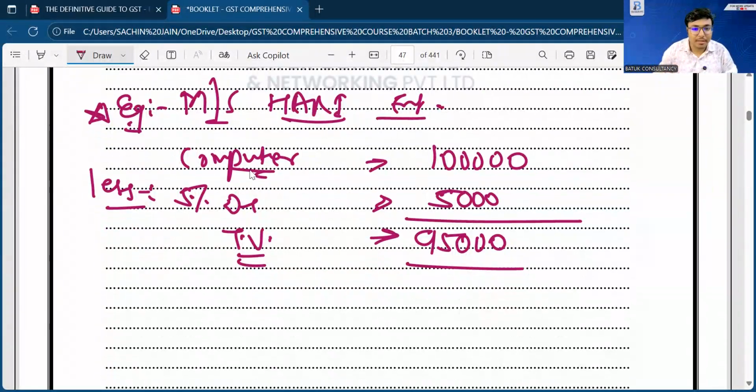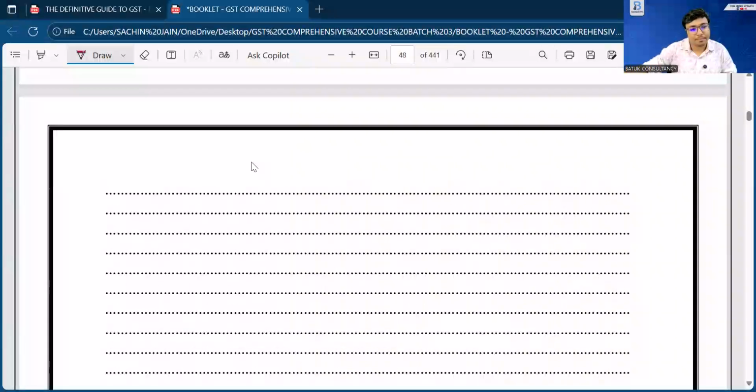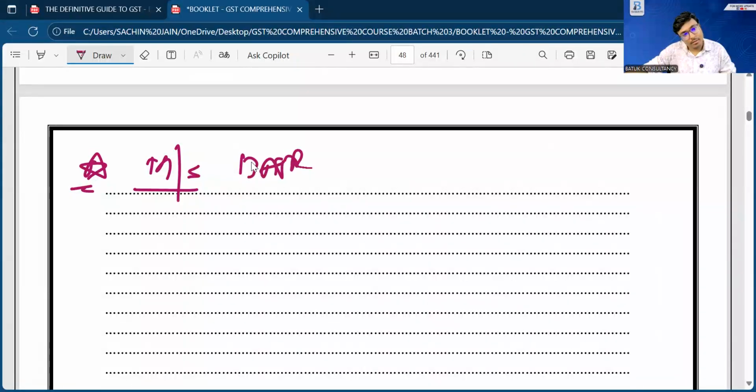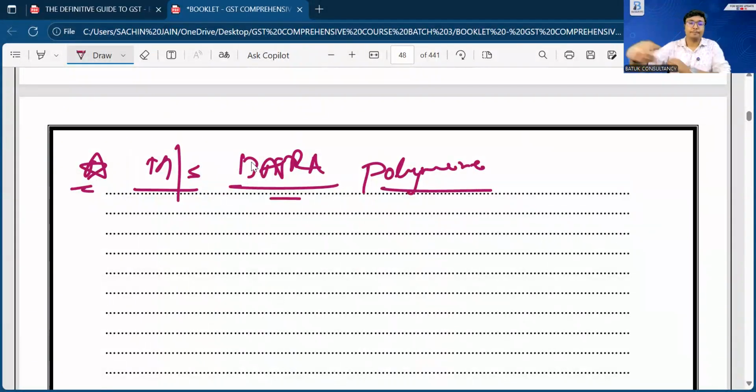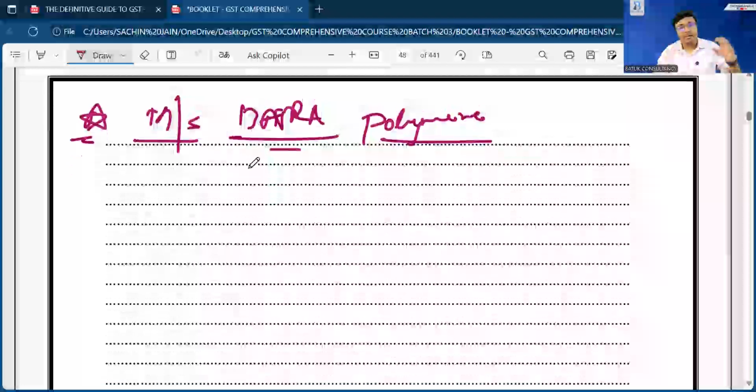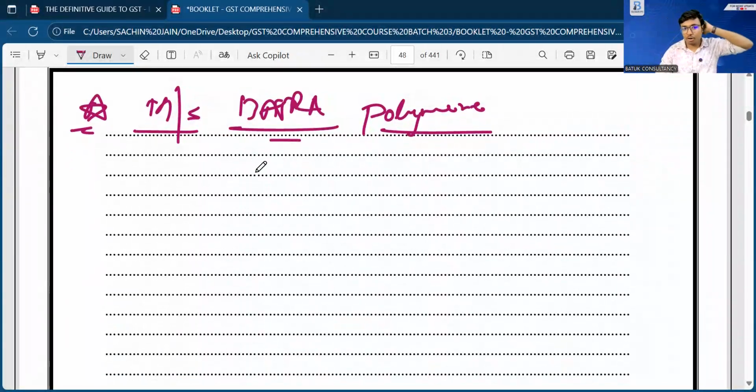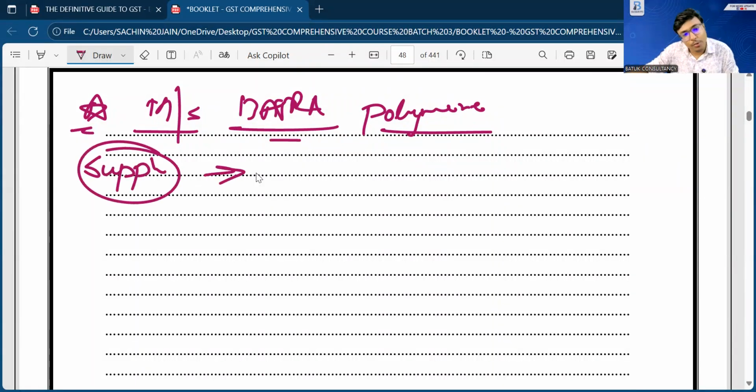Second situation, suppose Messrs Batra Polymers have certain franchises across India, okay, and they have made a supply to a particular person, suppose 5 lakh rupees, and Messrs Batra Polymers has given a promise to the buyer that if you make the payment within 3 months, in that case I will give you a discount of 5%.